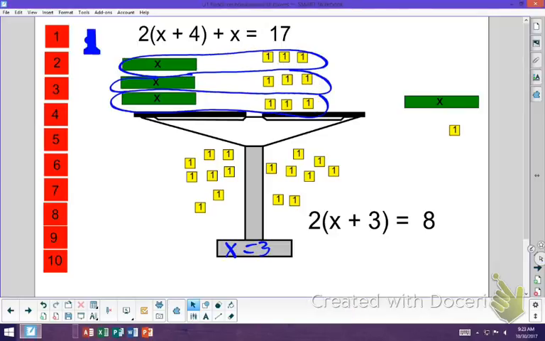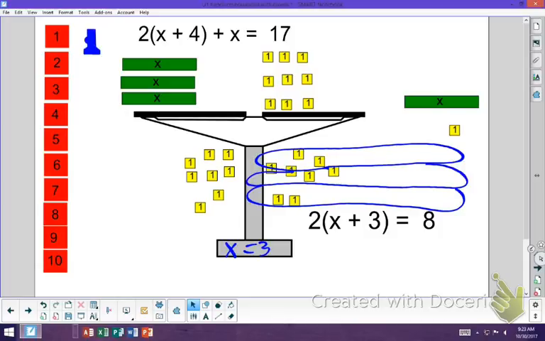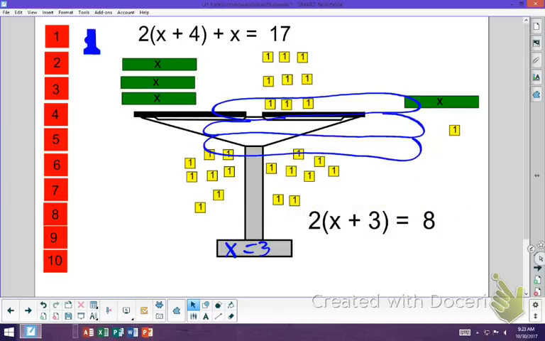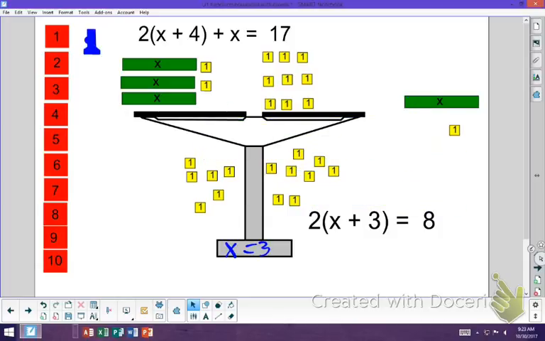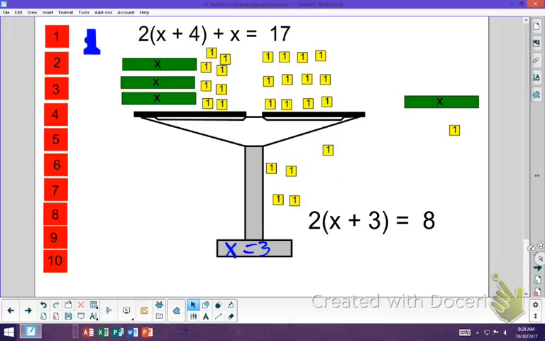Pull these away down here. So I'm going to set it back up and get rid of that. Put these back. So each x is equal to 3.